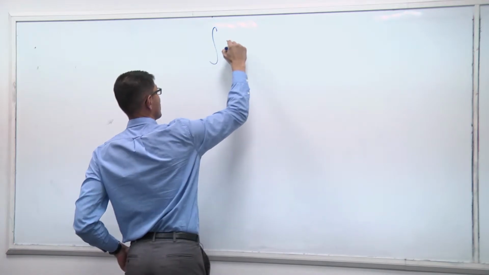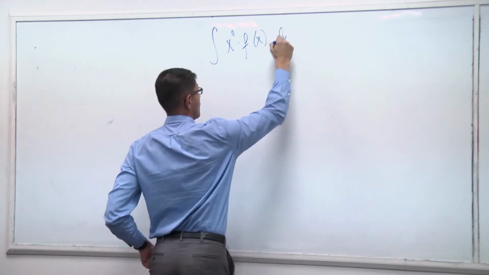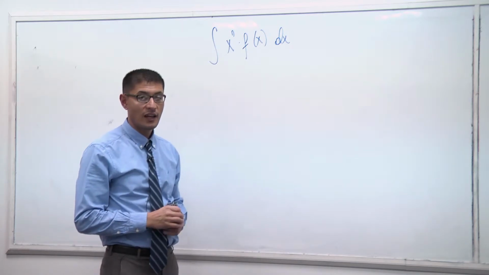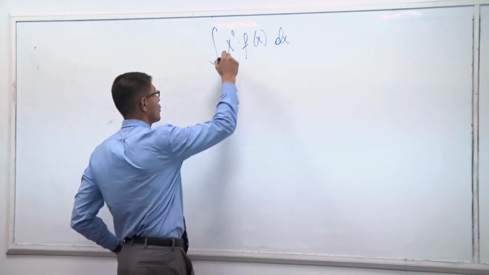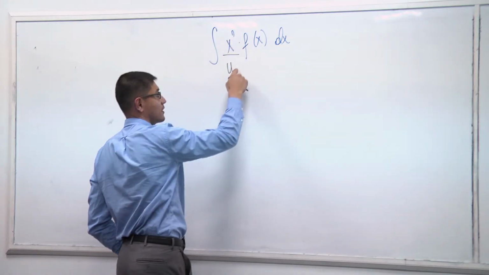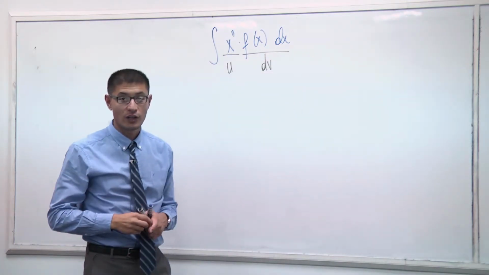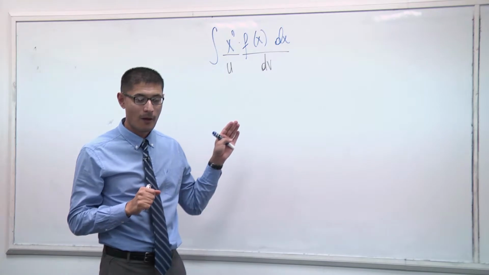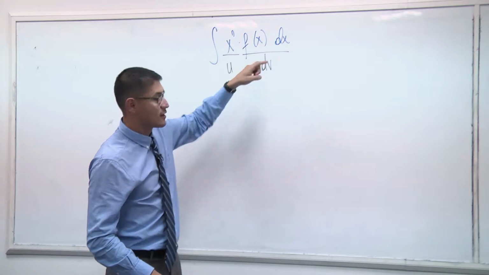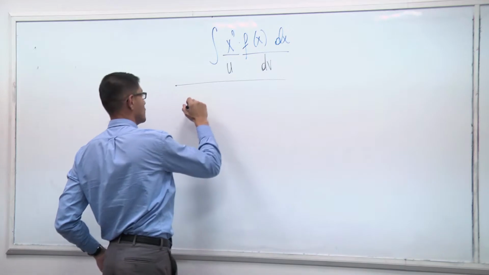If you have an integral of the form x to the n times f(x), and this happens quite often, then it's often going to work very well if you choose this x^n part as your u, and the rest as the dv. I'm not saying this is always going to work, but it's often a good idea to define x^n as u and then the rest as dv. Okay, so now let's do another example.